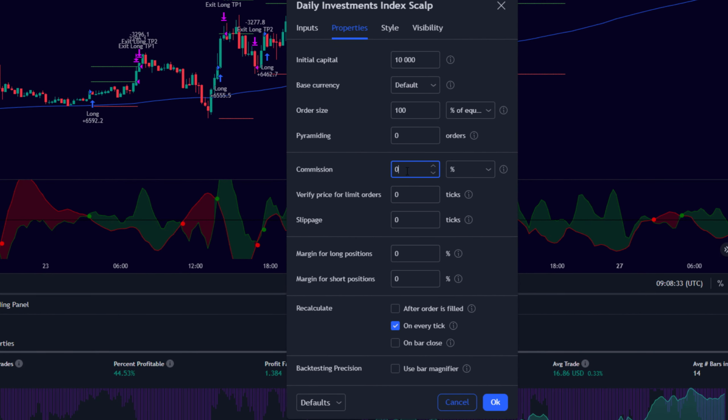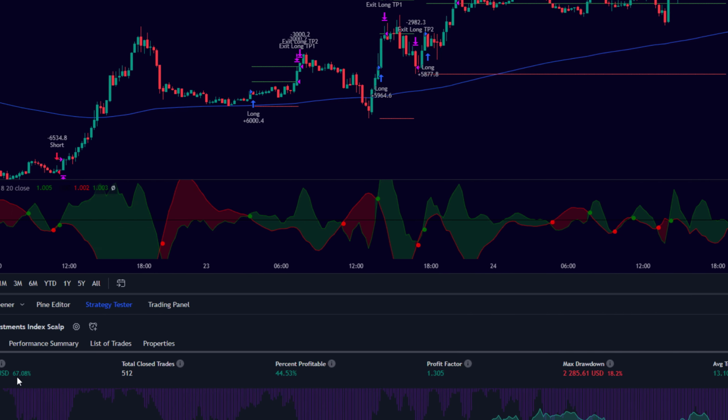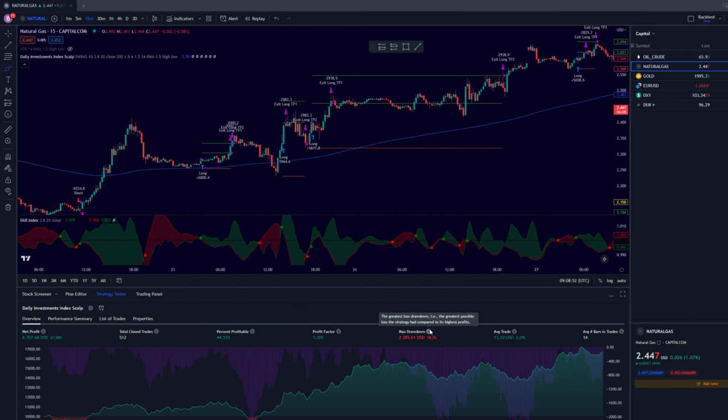No. But if you want that, like 2% or something, you still have a nice profit of 67%, and an 18% max drawdown. So even with commissions included, it's such a basic strategy, but with really nice results over 512 trades.